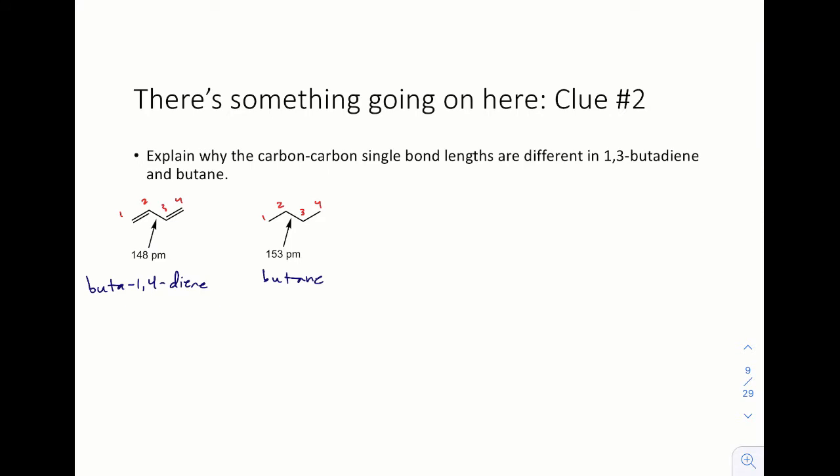We can compare the bond lengths in buta-1,4-diene to the bond lengths in butane. Why would we do that? Well, because I know what clues to look for. Also because the carbon 2,3 bonds we might expect to be pretty similar in these two molecules. They're both drawn as single bonds.